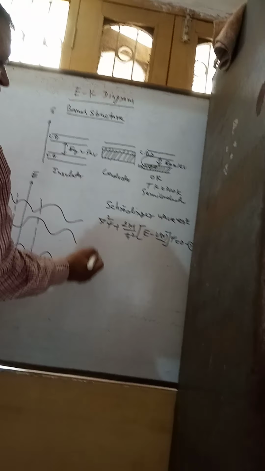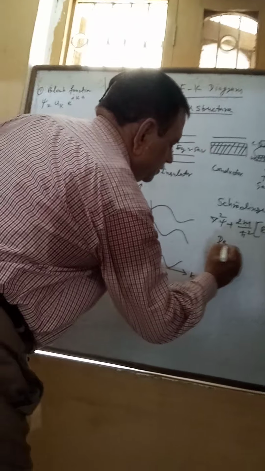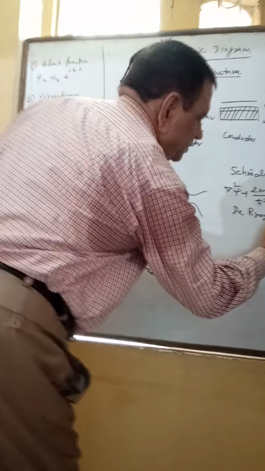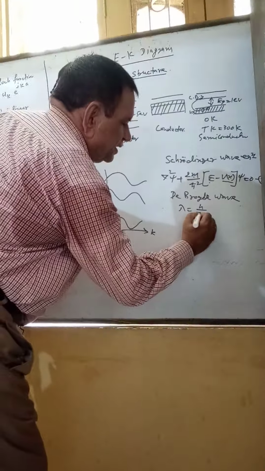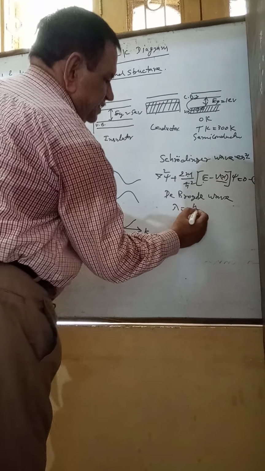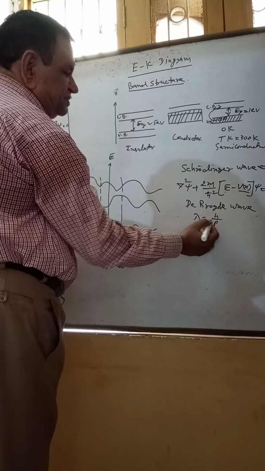We know from the de Broglie wave that lambda is equal to h by p, where h is Planck's constant and p is the momentum.